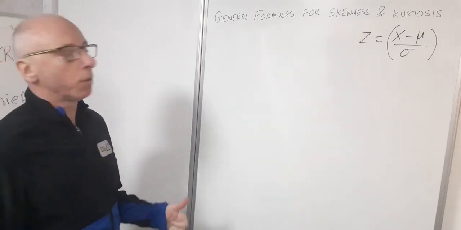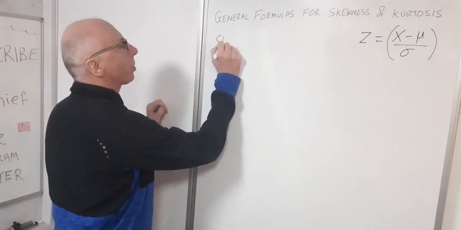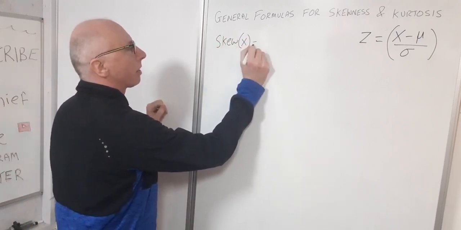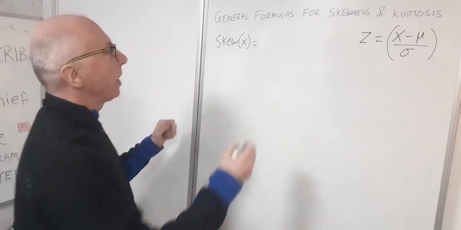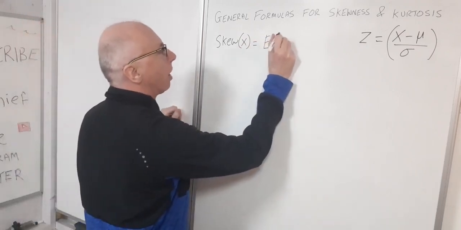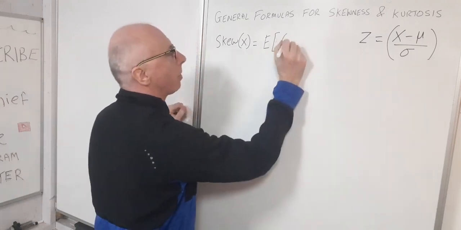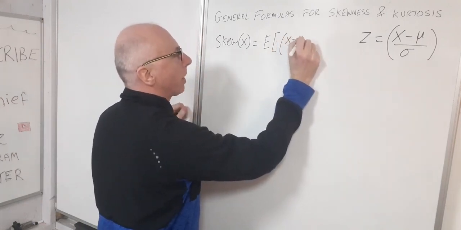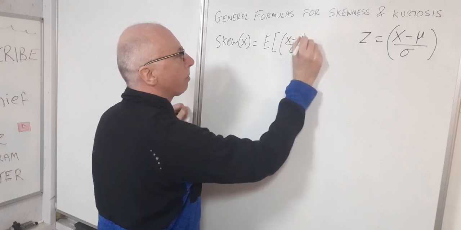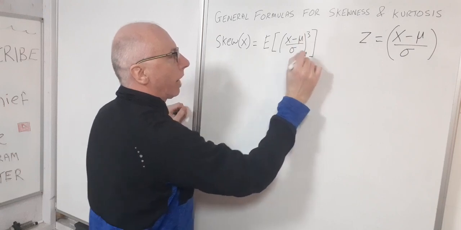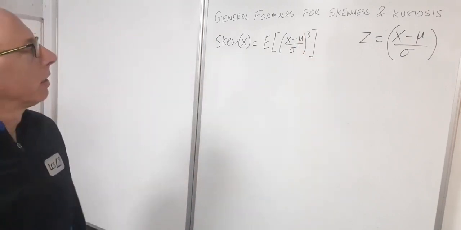So if you start with skewness, the skew of a random variable x, the way we do that is we find the expectation of this score function cubed. So that's where we start from. So then we've got x minus population mean divided by standard deviation cubed and expectation of all of that.